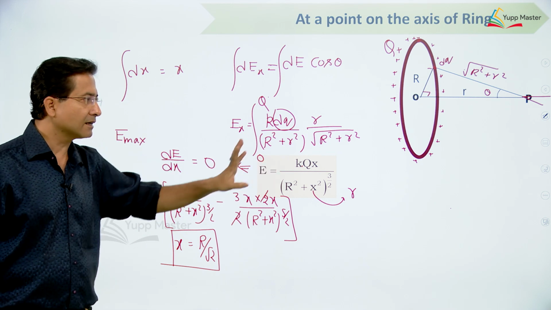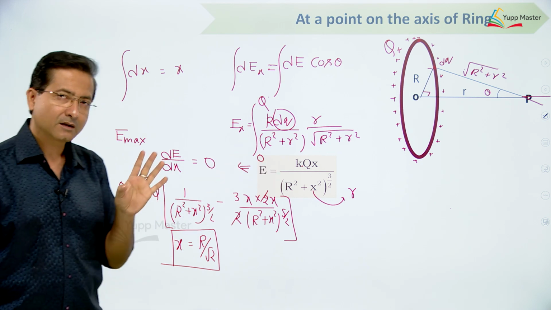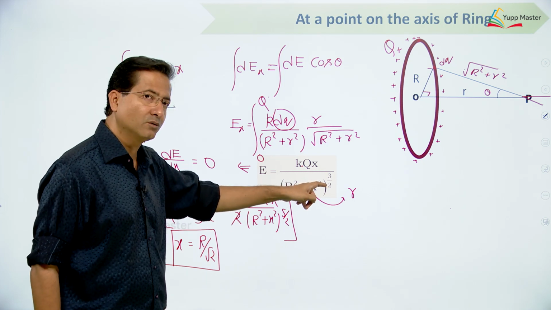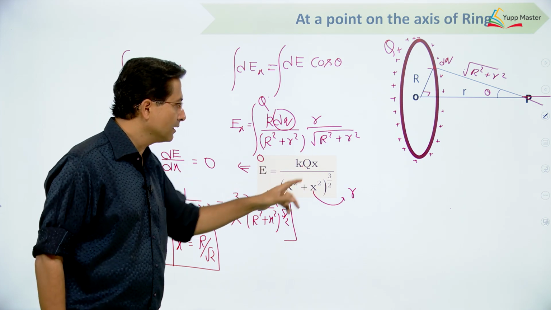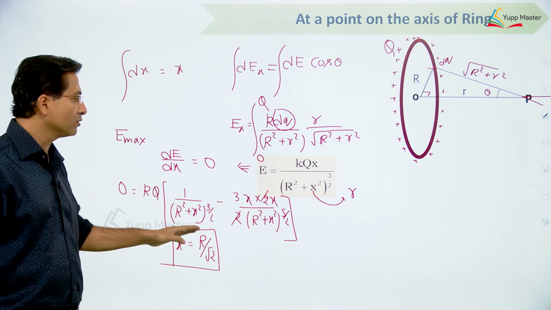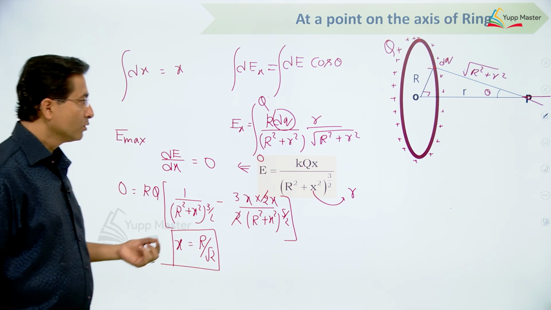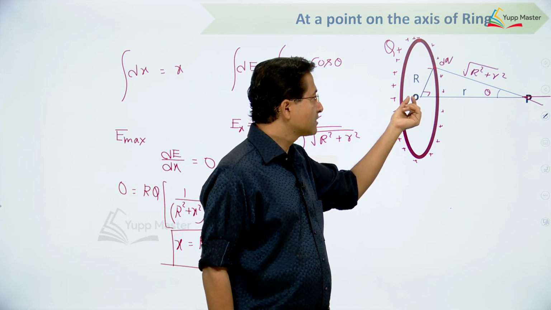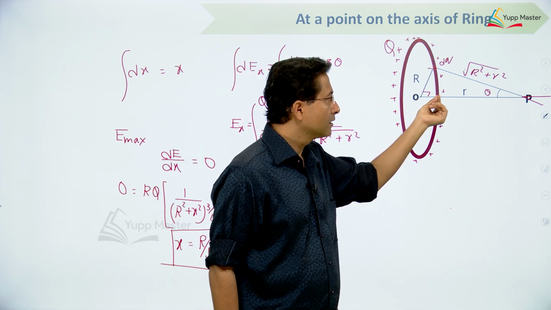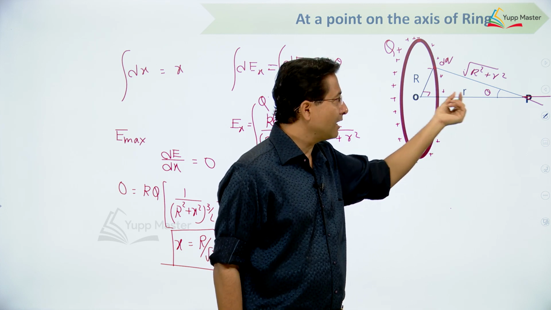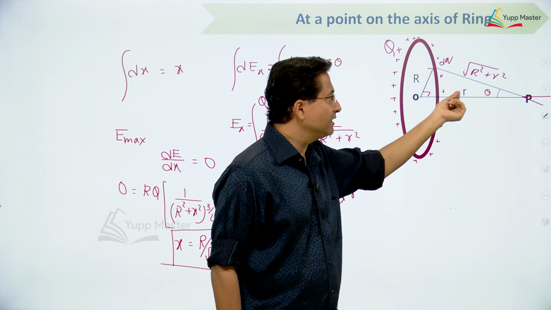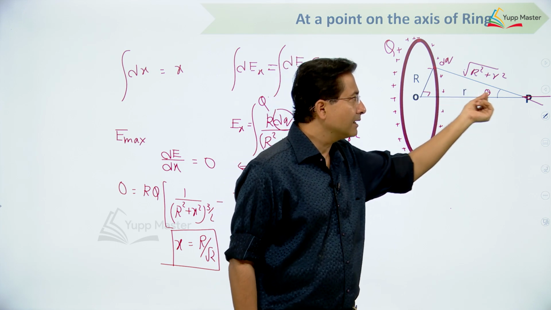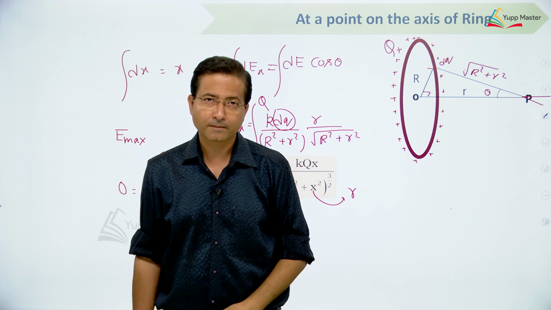If expression is written in this form, x divided by some constant square plus x square to the power 3 by 2, then maxima of this function comes at x is equal to r by root 2. That means as you move from center of ring towards r by root 2, field first increases and at r by root 2 it achieves its maxima and then it starts reducing.